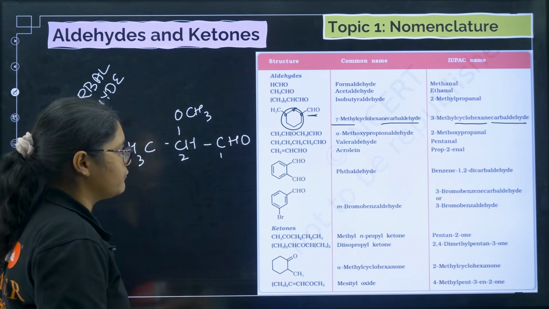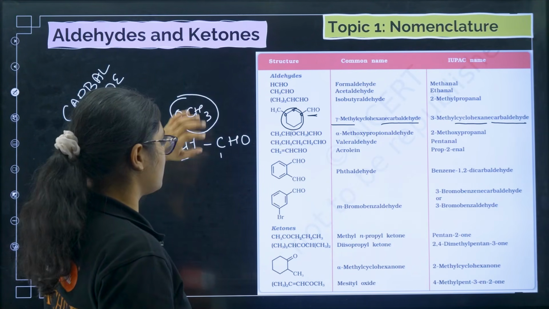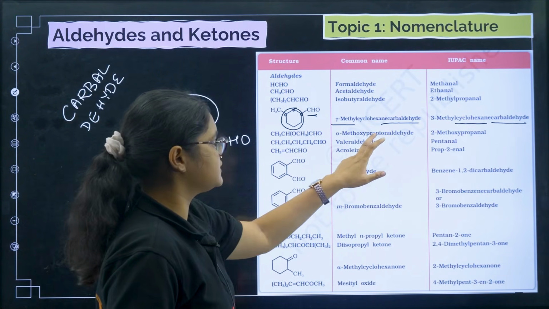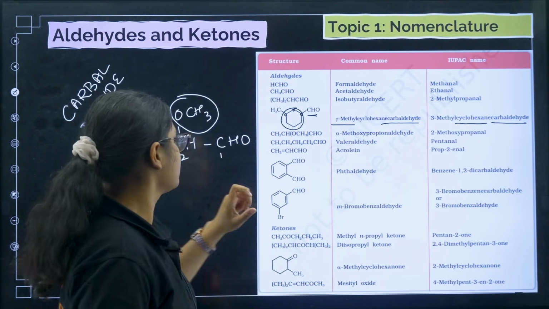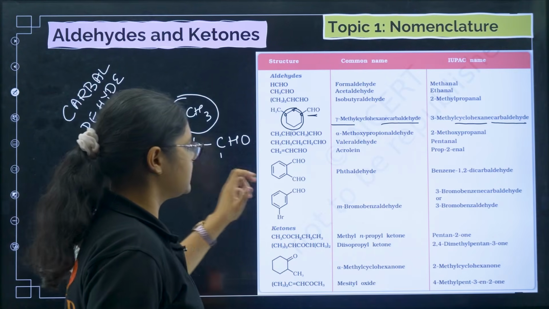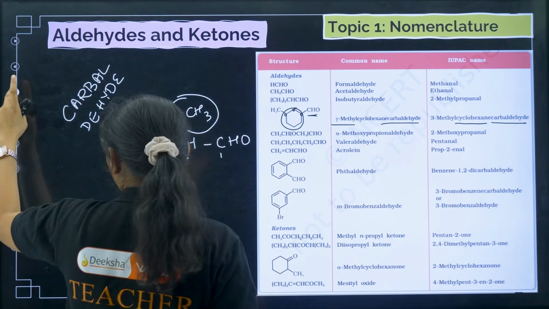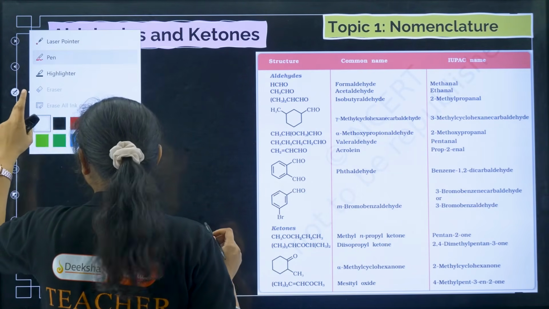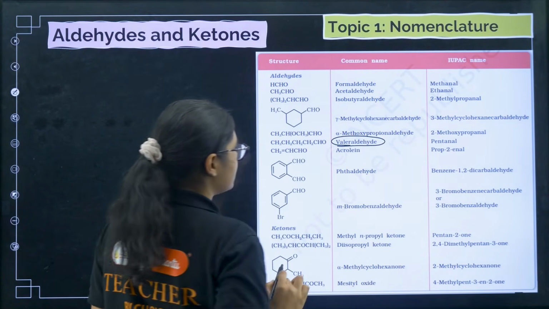This is the alpha carbon, and on the alpha carbon you have a methoxy group, so alpha-methoxy propionaldehyde. If you go for the IUPAC name, it is 2-methoxypropanal. Now if you have this one, this is very important, questions have been asked from here repeatedly: valeraldehyde. What is valeraldehyde?